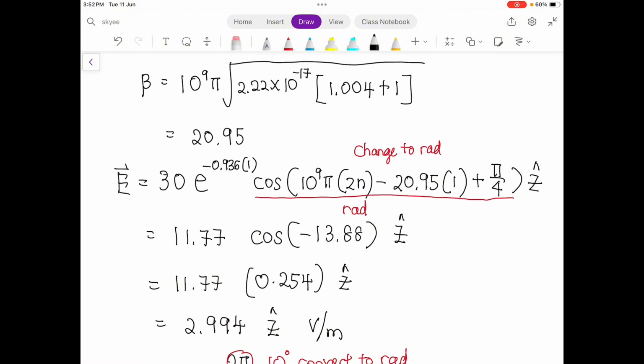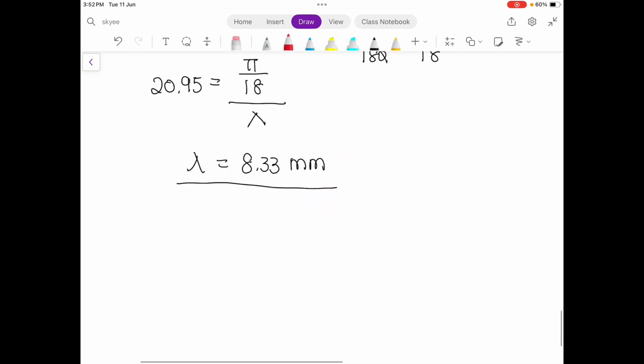The amplitude of your electric field is actually 30, but after it propagates for some distance y, the amplitude will drop by 40%. It means that it's still left 60%. So the amplitude is equal to 30 multiplied by exponent negative 0.936y.